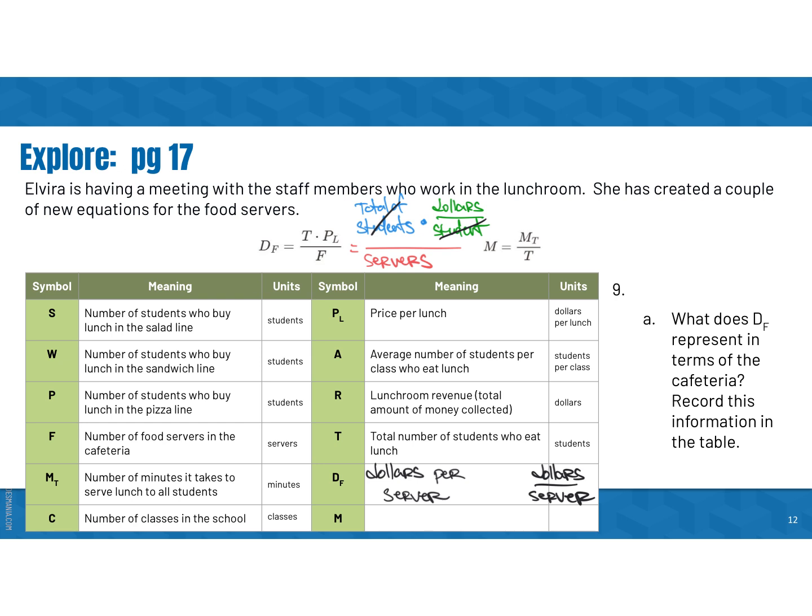And then we have this M equals M of T over T. Go ahead and pause this, figure that out, and then come back to me.